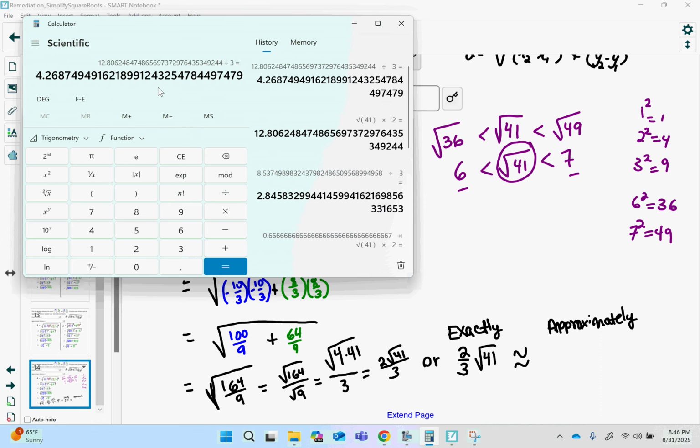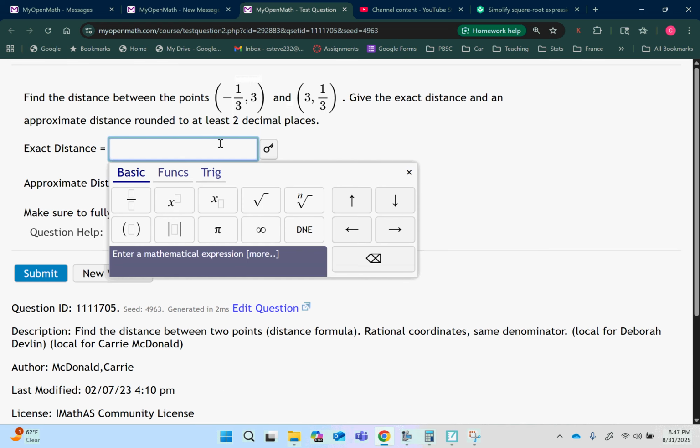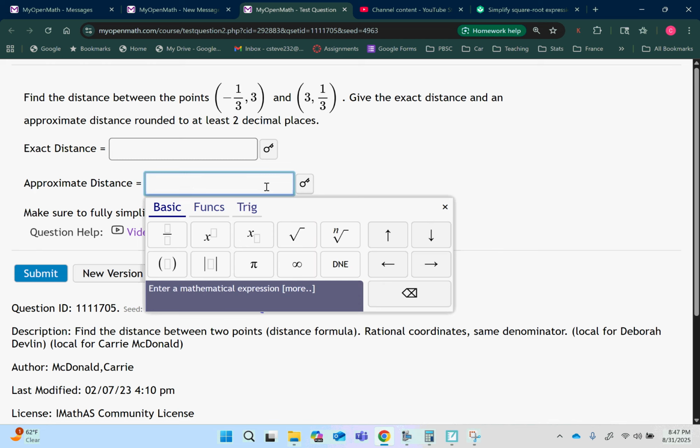That looks about right? And we were supposed to give our approximated answer to at least 2 decimal places. So I could put in this whole number probably, so I'm going to put my approximate distance right in here and just see what happens if I submit it like that.